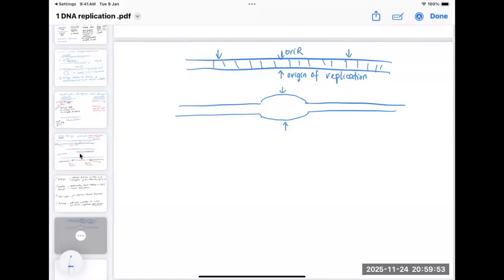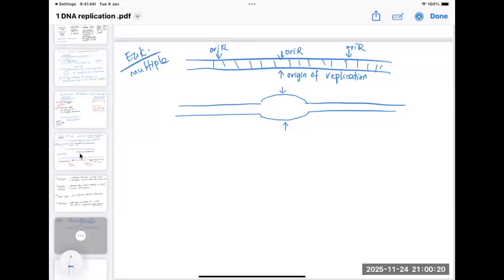Okay, now, so in eukaryotes, you have multiple ORI. When you see this ORI, that means that's the origin of replication. So this is where they are going to split open up like that, and call this a replication bubble. Okay?